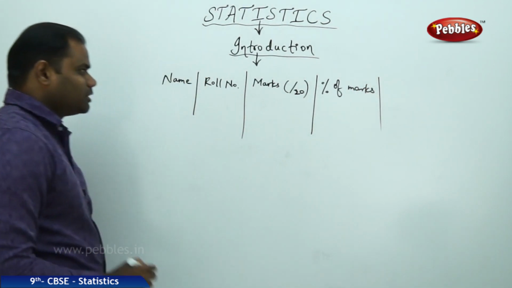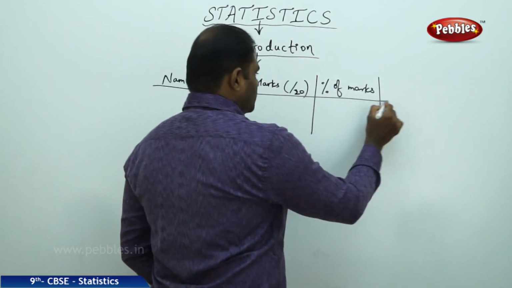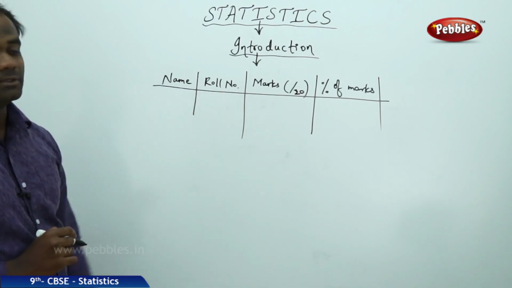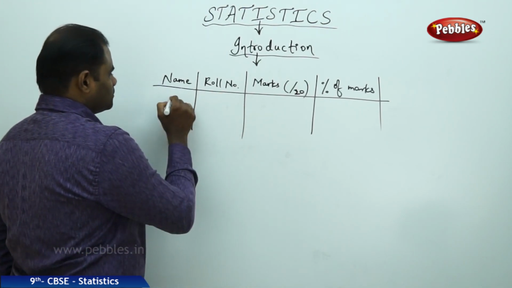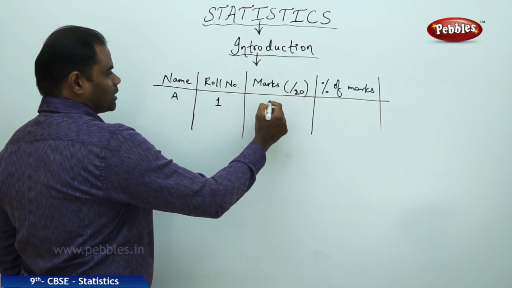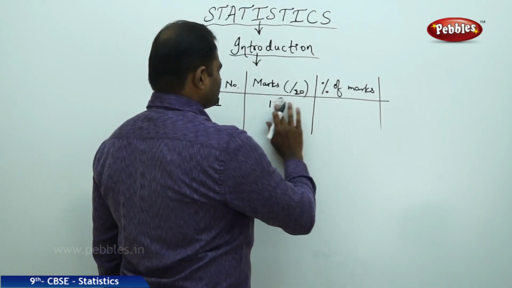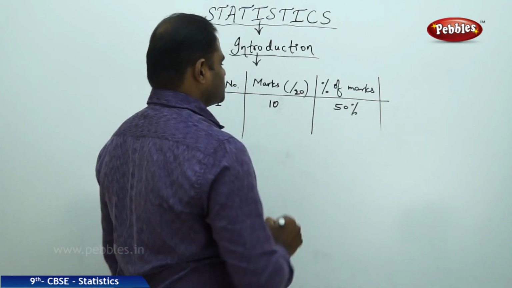So imagine a teacher is trying to make the different statistics, the data of different collection of marks and their students' names and roll numbers. Say a student with name A and roll number 1 has got the marks 10 out of 20, and his percentage is 50% of 100.